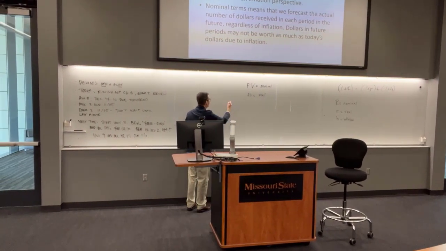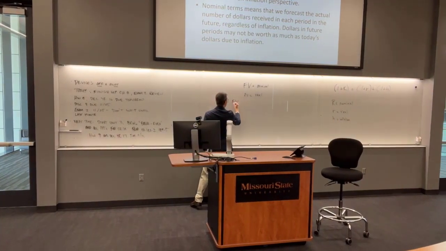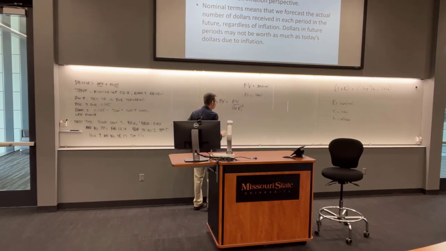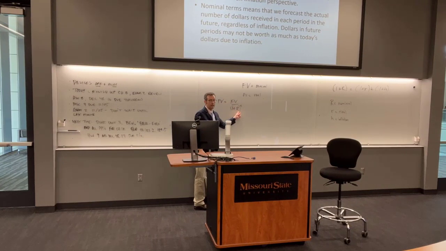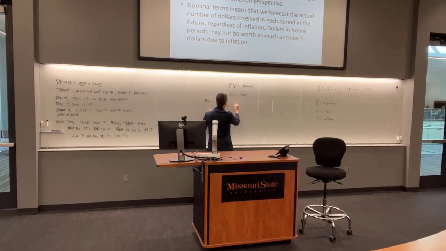So here we go. If we're doing present values, we know it's future value divided by 1 plus R to the t. So we've got the future value in nominal terms, and we've got the nominal rate down here. Now, if I were to blow that out to show the impact of inflation using the Fisher effect, it would look like this.